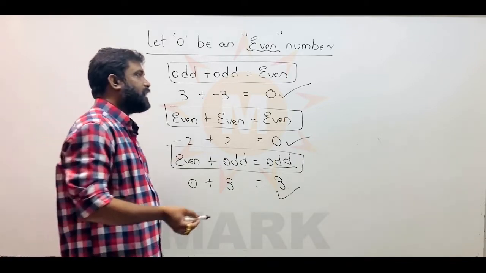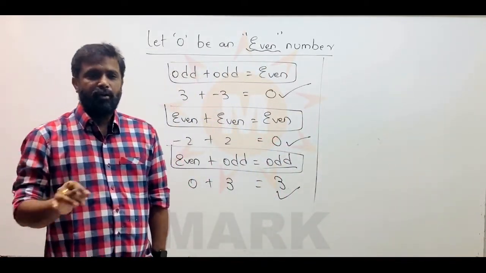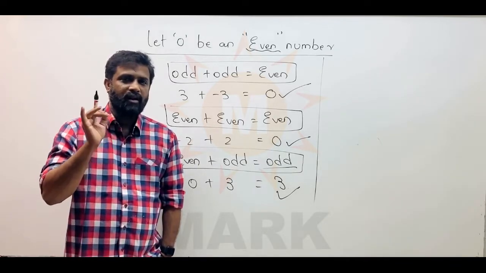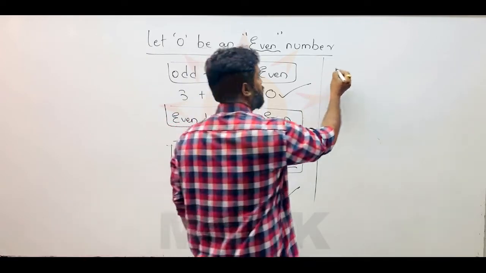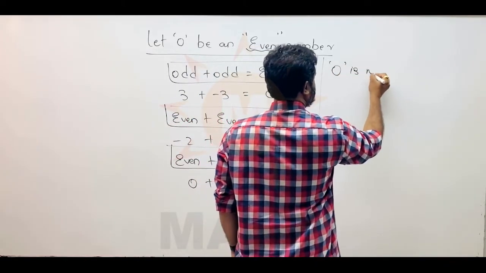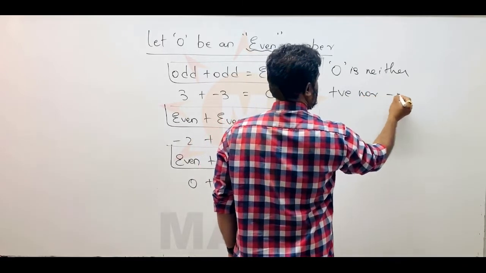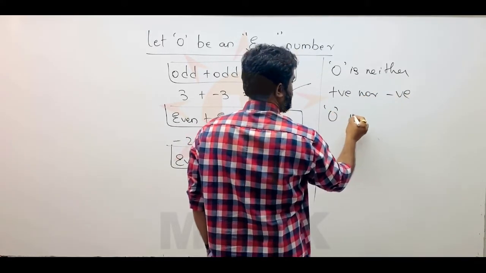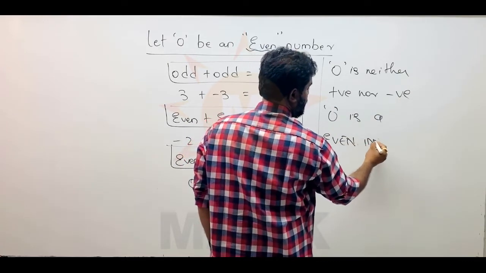So if anybody asks you whether 0 is an odd number or an even number, you should not use the word number. You should say 0 is neither positive nor negative. 0 is an even integer.